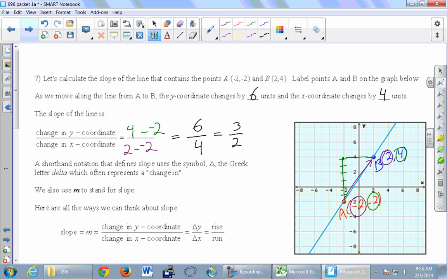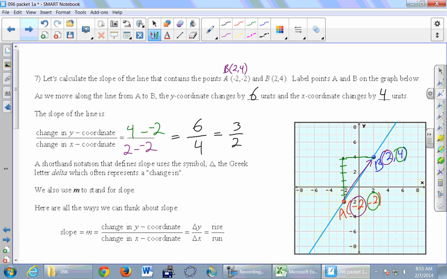And slope is something we should be able to find without having a picture in front of us. I'm just going to copy the point B right up here, 2, 4. All you need is the coordinates of your 2 points, and then what do you do in each coordinate? What was the main operation in top and bottom? Subtraction. So we did 4 minus -2 and 2 minus -2. And we can do that without having the picture in front of us. What if we had decided to subtract in the other order?